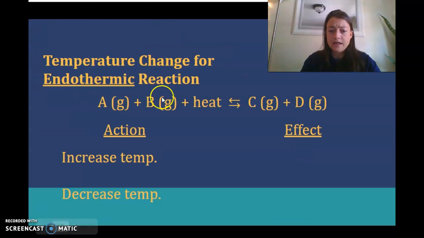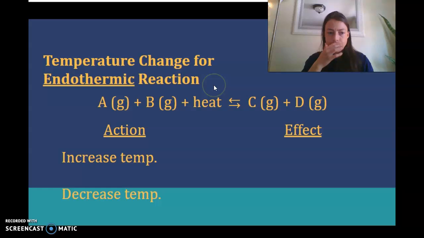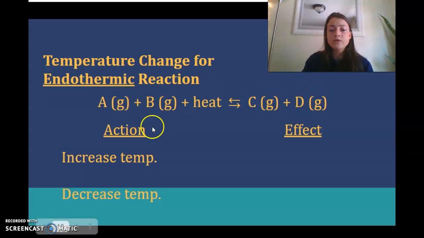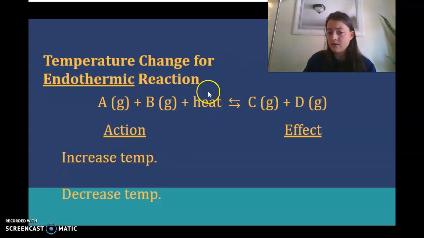For temperature change, we're going to look at 2 different ones. We've got endothermic for this one. In this particular example, we've got A plus B plus heat, because we're putting heat into the system. Remember, you can think of heat as an actual reactant in an endothermic reaction. And then we're using that heat and those reactants to form C plus D. If we were to put heat into this system by increasing the temperature, we can think of this as a reactant.